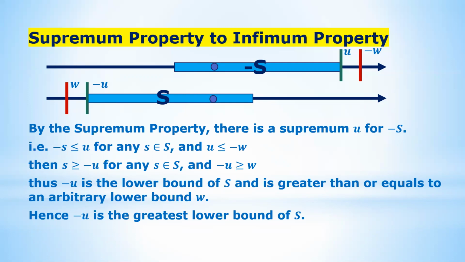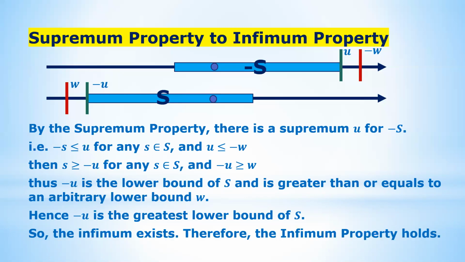I'm just using this opportunity to show a proof, which may help you to understand some of the arguments we use in the proof. That implies that once you assume the supremum property, it can be used to derive the infimum property.